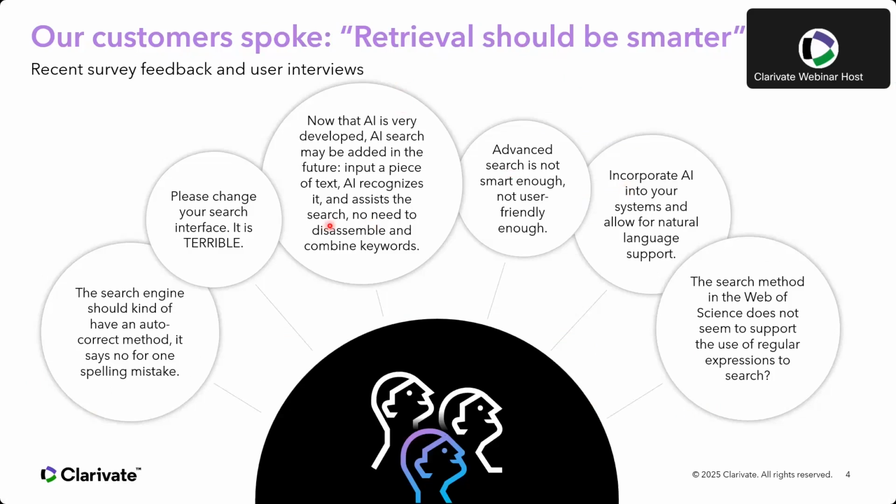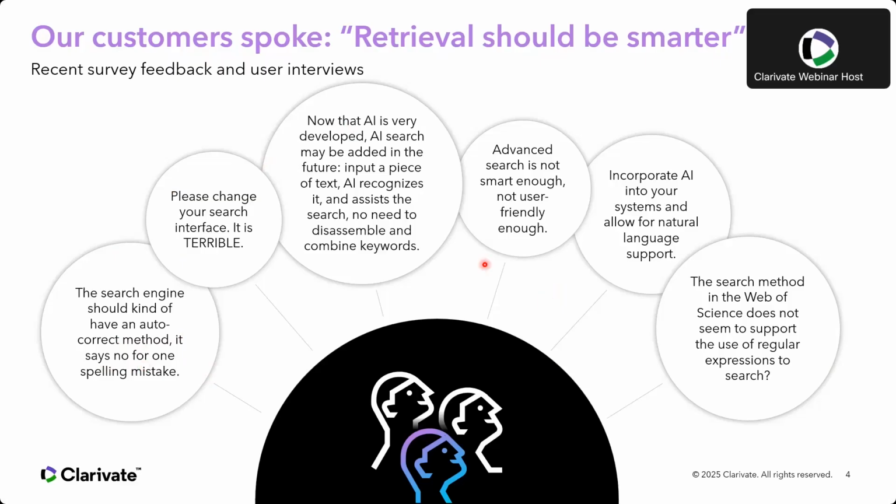And these are a few feedbacks. For instance, someone was quite direct and said, please change your search interface. It is terrible. The search engine should have an autocorrect method. It says no results for one spelling mistake. Now that AI is very developed, AI search may be added in the future. Input a piece of text, AI recognizes it and assesses the search.